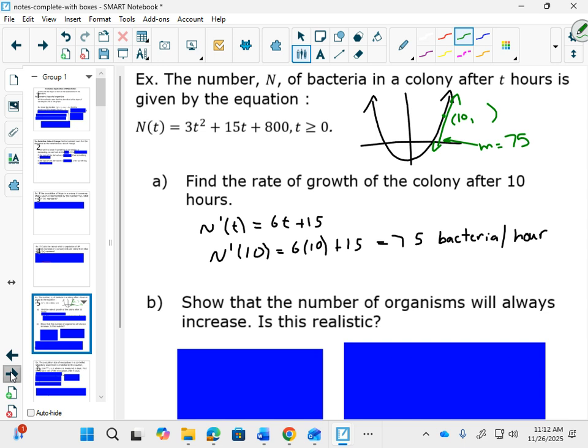Now, I'm going to actually plug in 10 into that equation. I'm going to get 300, 450, 1250. Would you agree? Does that look like I did the right math? 10 squared, 100, 300 plus 150, 800.